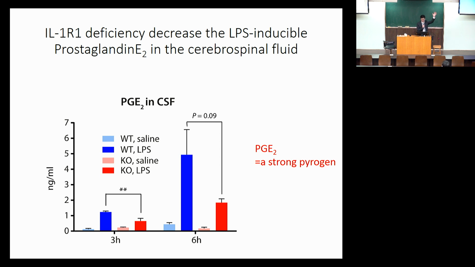CSF is the cerebrospinal fluid, the fluid in the brain. As you can see, the level of prostaglandin E2 is much lower in knockout mice. So it means prostaglandin E2 is one of the causes of this difference in fever between wild type and knockout.